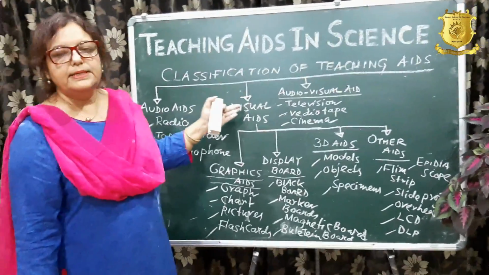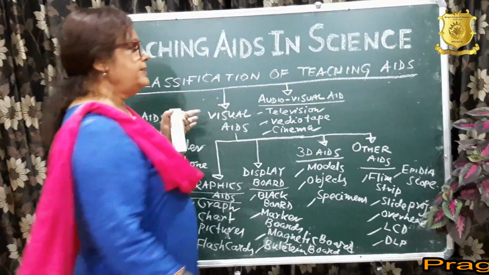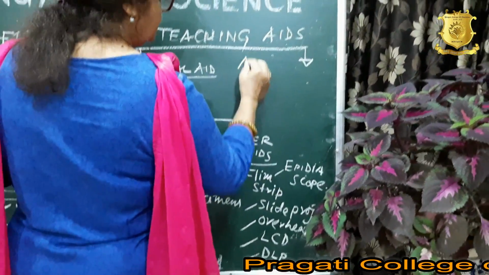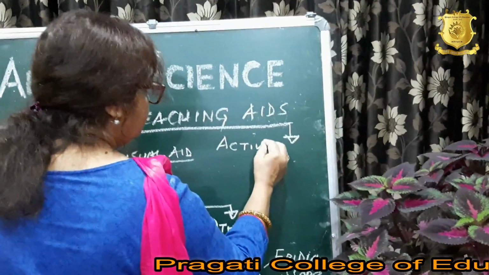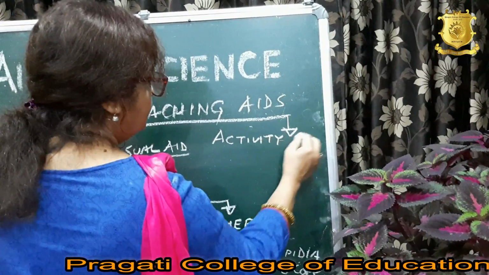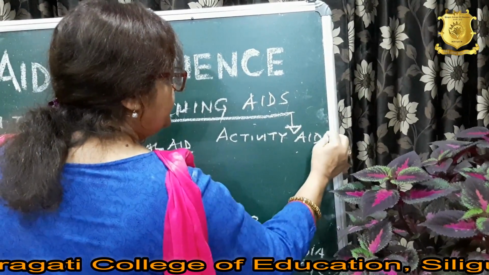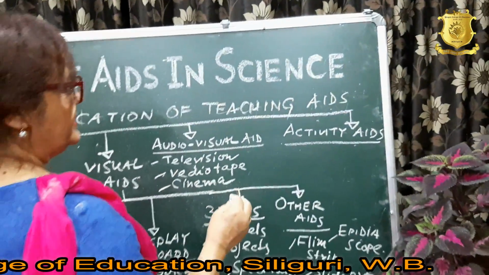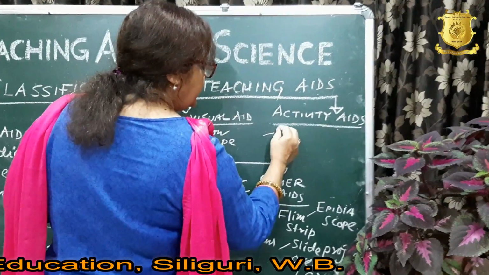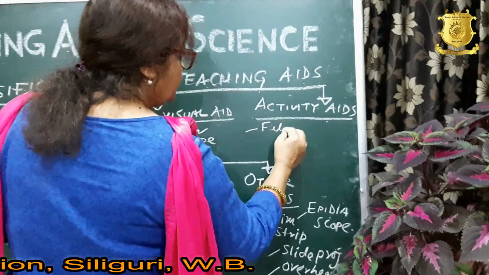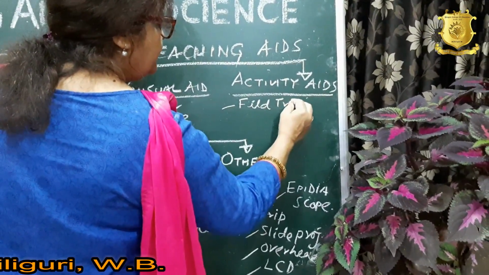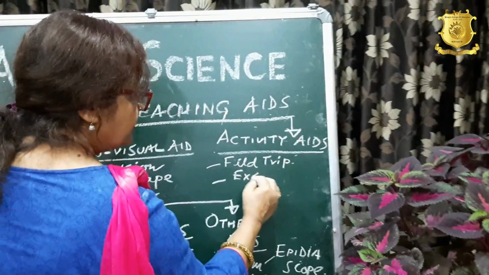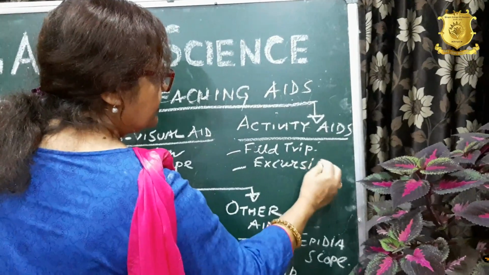Now the last one is activity aids. By doing some activity we learn; those are also teaching aids. Sometimes we go for a field trip, and going on a field trip we learn many things. Sometimes we go on an excursion.